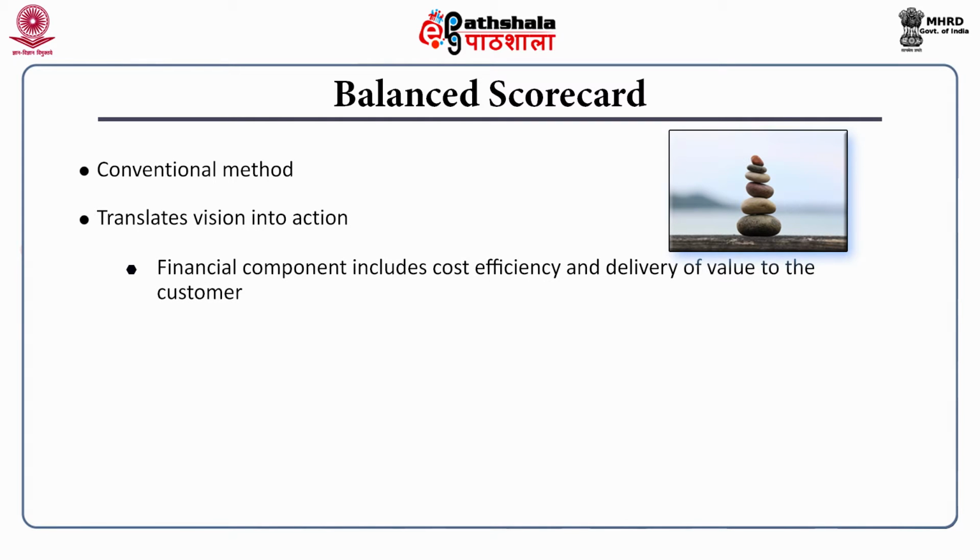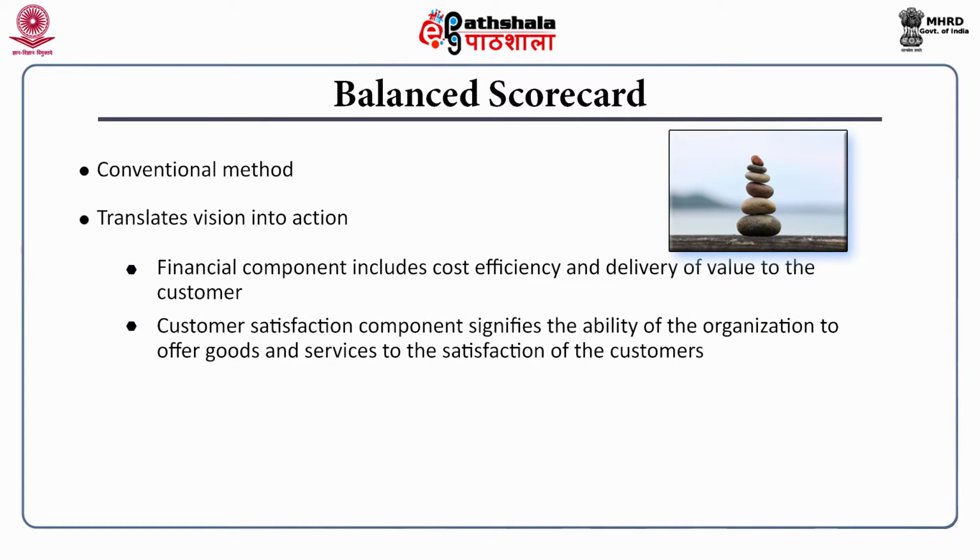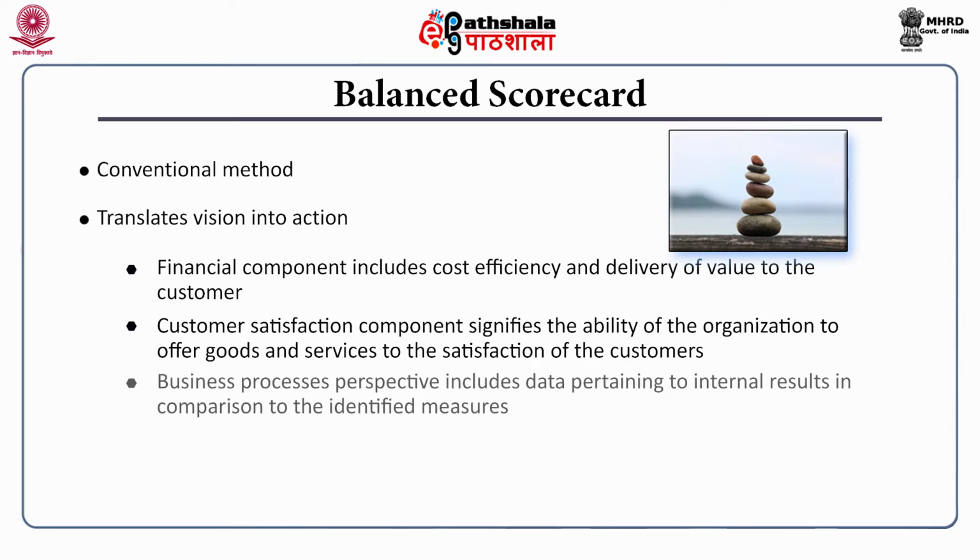Financial component includes cost efficiency and delivery of value to the customer. Customer satisfaction component signifies the ability of the organization to offer goods and services to the satisfaction of the customers. Business processes perspective includes data pertaining to the internal results in comparison to the identified measures.